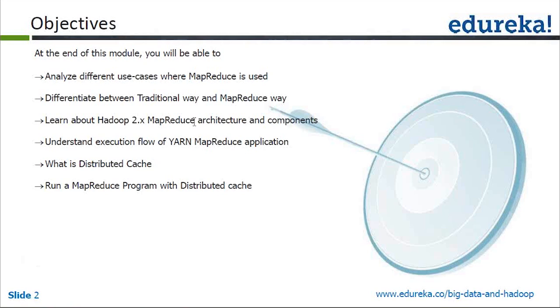And then we'll talk in a little bit of detail about distributed cache, and we'll run a simple MapReduce program with distributed cache. Okay. So Jaideep is asking, YARN stands for Yet Another Resource Negotiator. I'll talk about that in a short while.